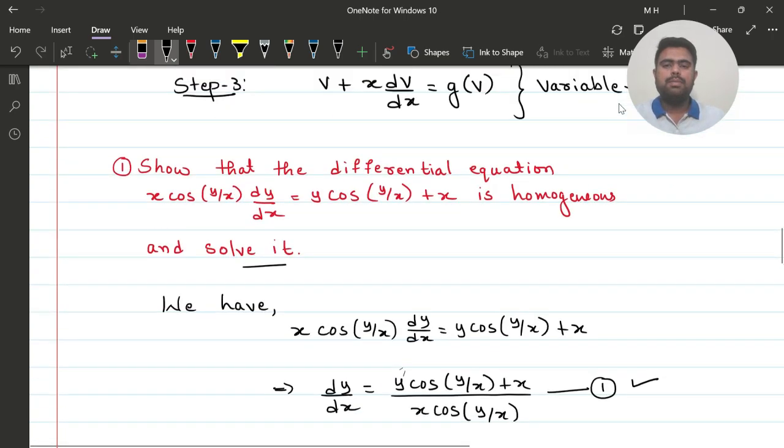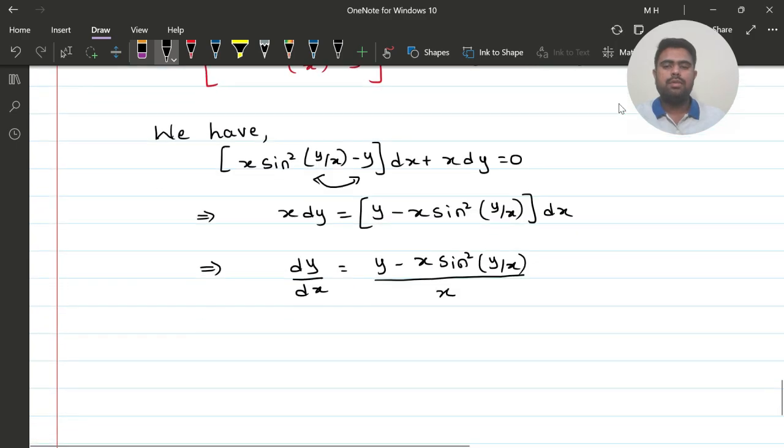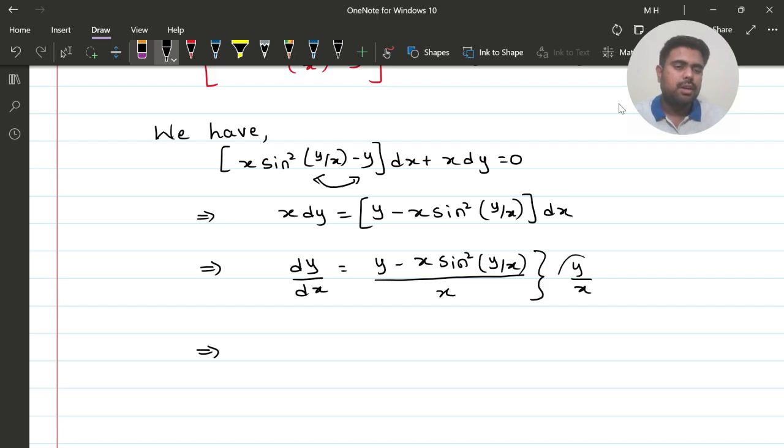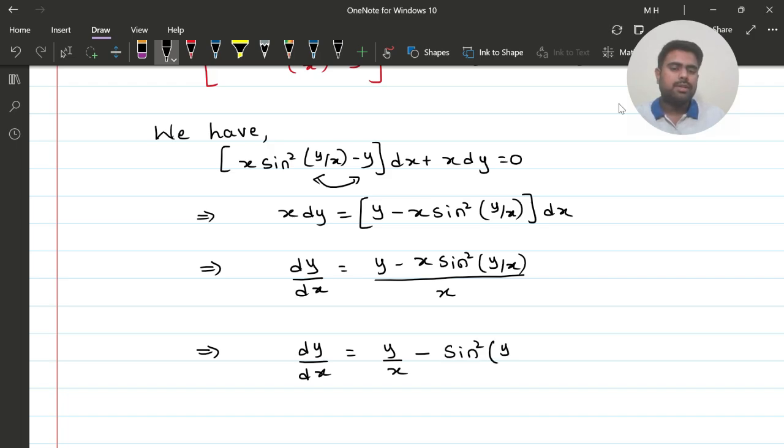What is the first step that we have seen? The first step is to express this function as a function of y by x. Okay, now how did I say, divide every term by x. Okay, we can do that. In this case especially, we can also split the terms, then y by x comes. That is y by x minus x cancels, and I will get sin square of y by x.